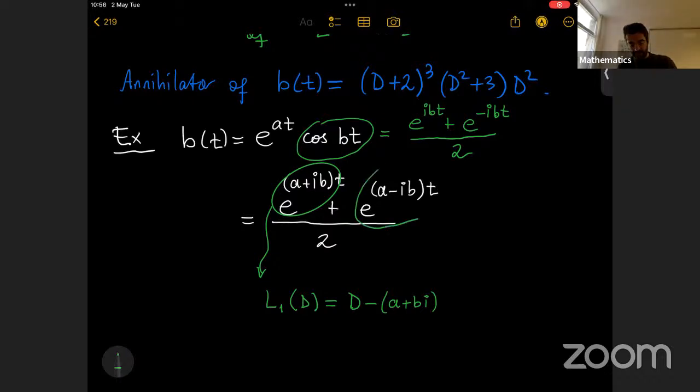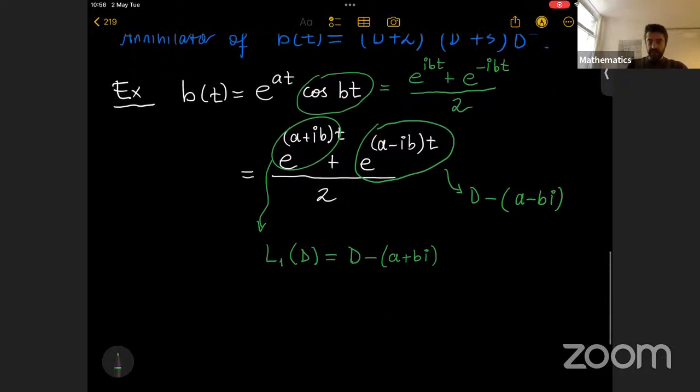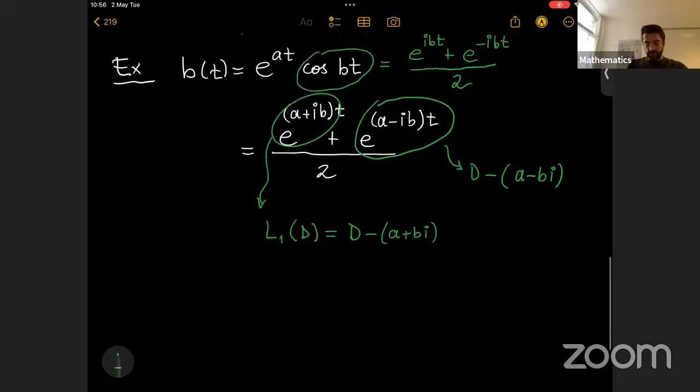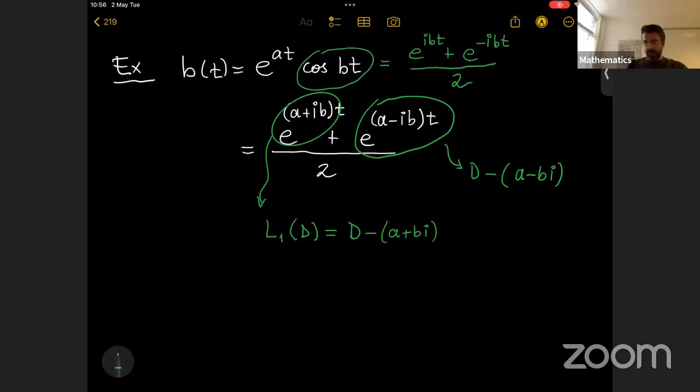The annihilator of the other function is D minus a minus bi. As in the previous remark, the annihilator of the sum will be the least common multiple of these two, which is the product of these two.